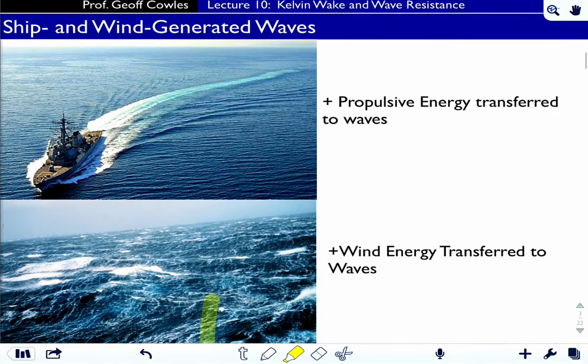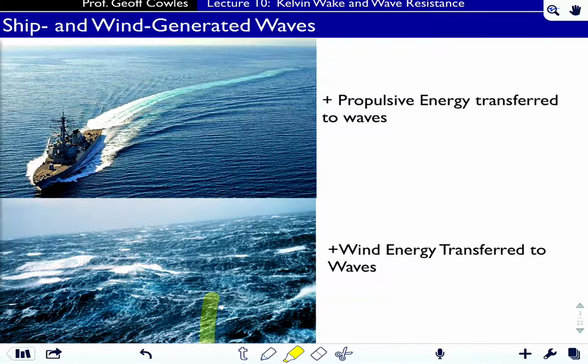Starting off with these waves. In general, we have ships making waves. Here's the Kelvin wake you can see up here. So the ship's transferring energy to the waves, and for a lot of the ships we'll study in this class, most hull forms, when they reach their operating speed, a significant fraction of the energy is being lost to this wave train.